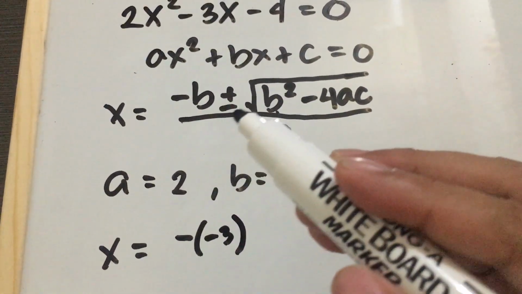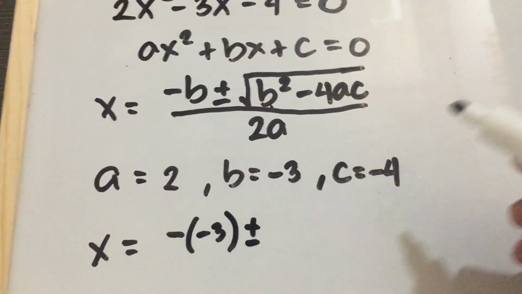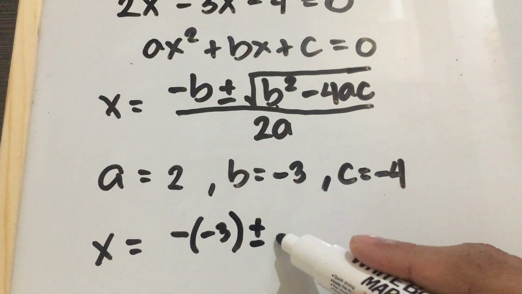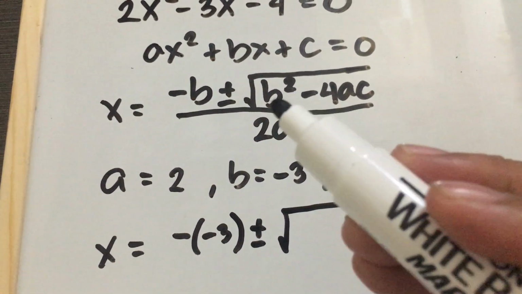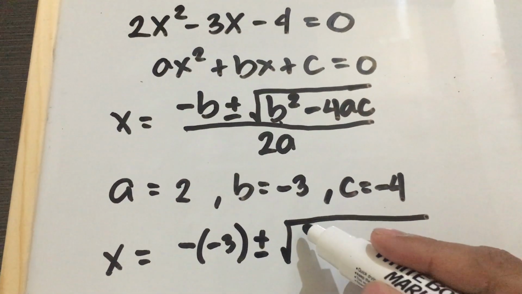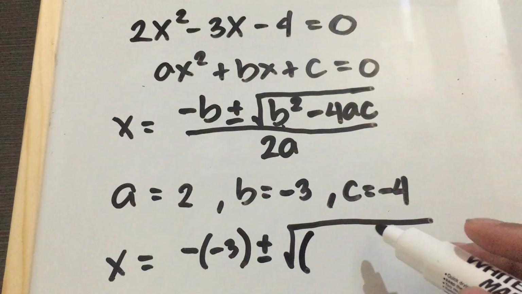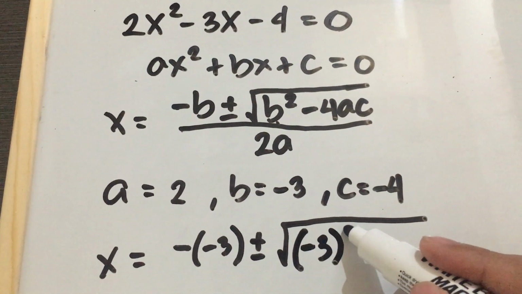Okay. Then copy plus or minus, the square root of b squared. Again, what is our b? That is negative 3. So put it inside a parenthesis, negative 3 squared.